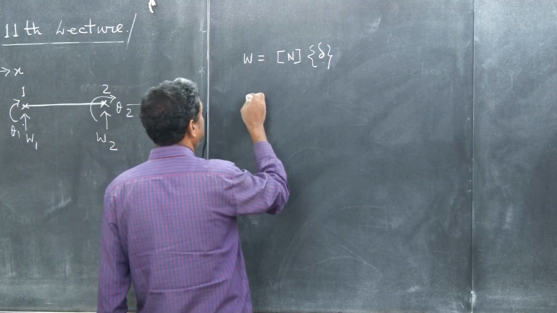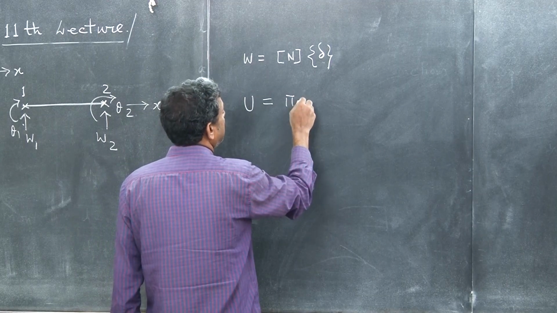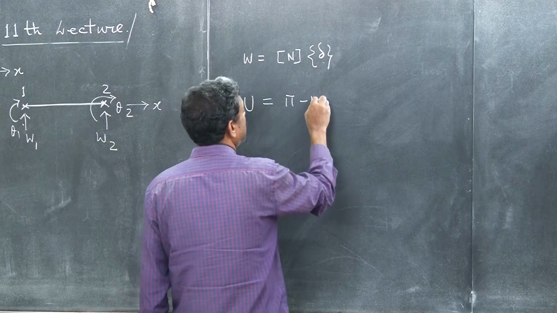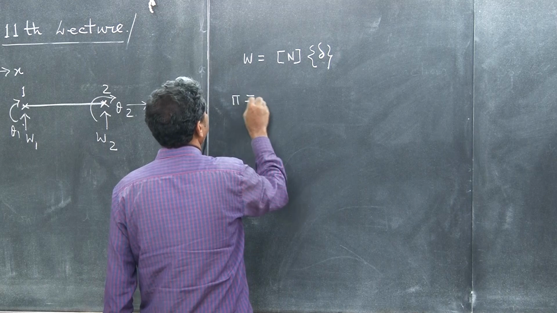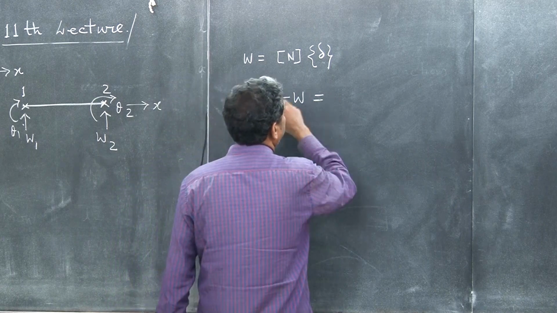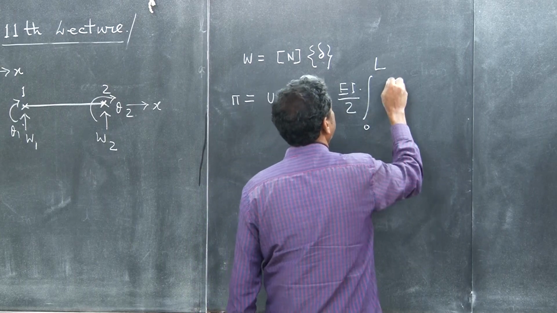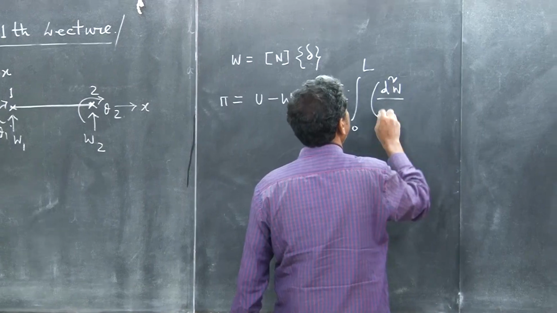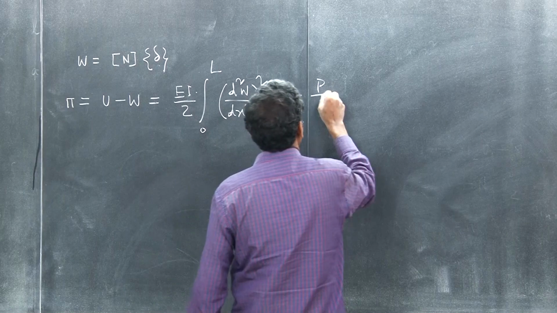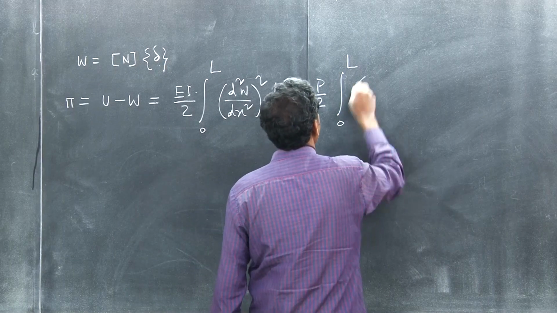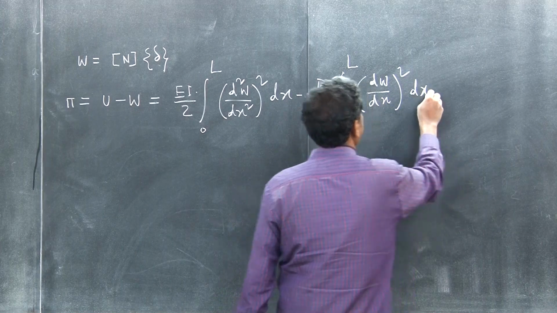Now I will go to the strain energy function. Potential energy is strain energy minus work done. For this one, it is EI upon 2 integration 0 to L of (d2w/dx2) square dx, and the work done is minus P by 2 integration 0 to L of (dw/dx) square dx, right?